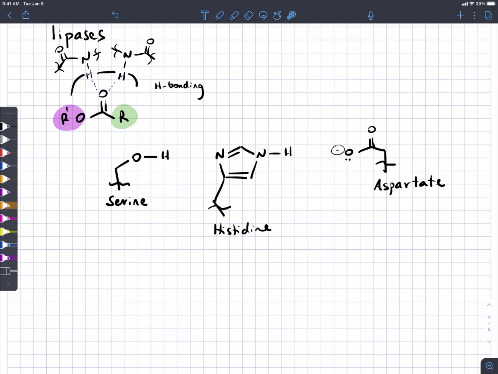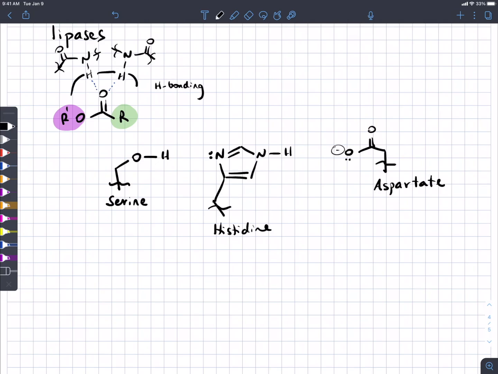At that point, we will have this long-chain acyl group attached to serine, and then we'll bring in water to hydrolyze that linkage. The problem is that neutral serine itself is probably not nucleophilic enough to attack the carbonyl carbon, even if we're hydrogen bonding with that carbonyl. And so that's where these other two amino acids come in, histidine and aspartate. These act like assistants for making the serine nucleophilic enough to attack the ester.